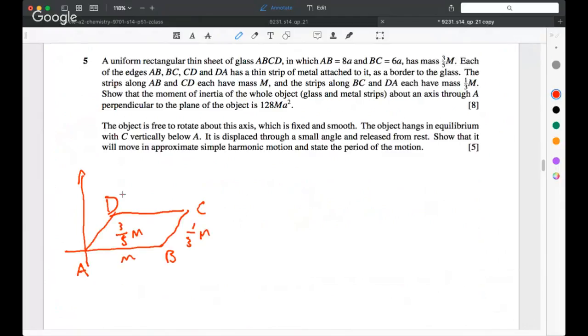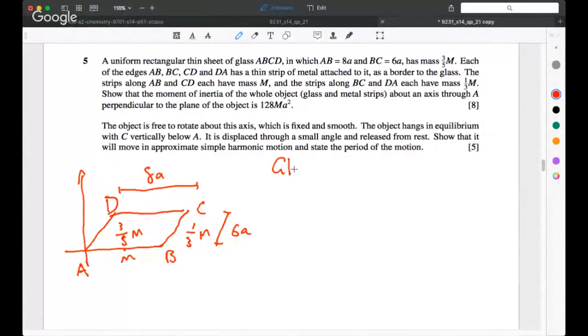And we know that DC is 8A and BC is 6A. Okay, and now all we need to do is find the moment of inertia about the center of mass of each simple object. So in this case, we have rod and a laminar, and we need to do a transformation using parallel axis theorem and combine everything together in the end.